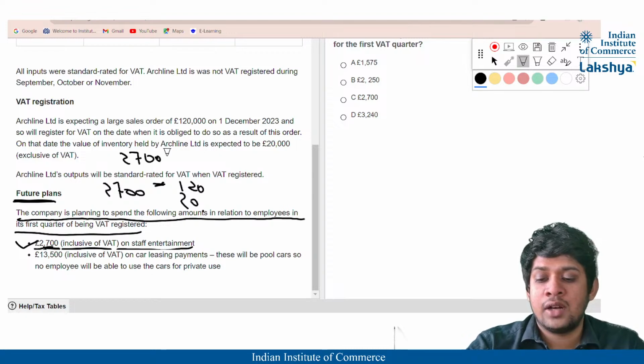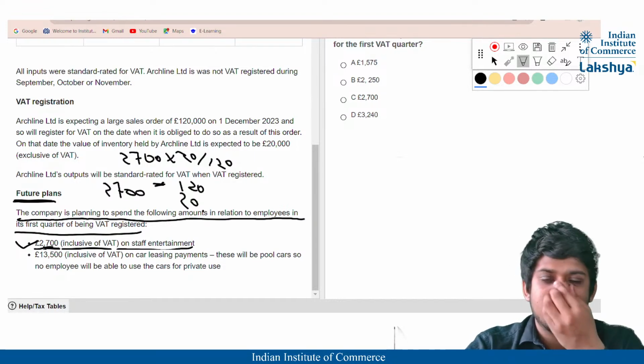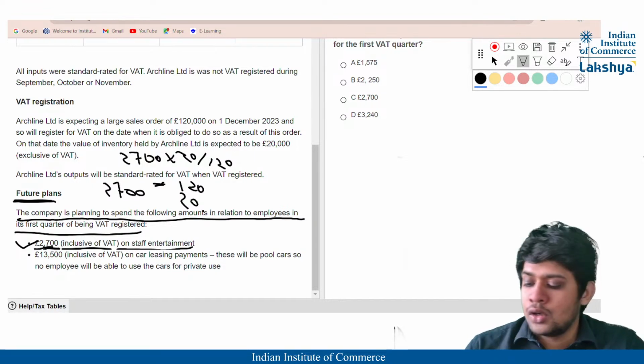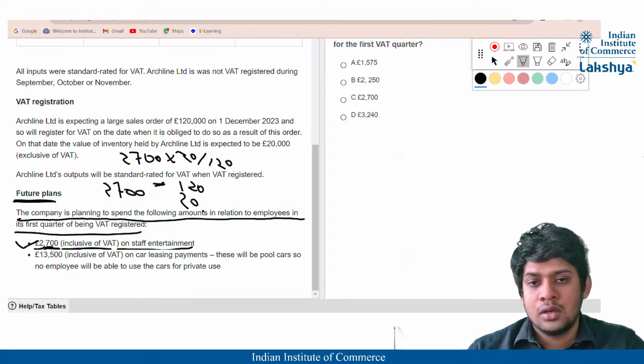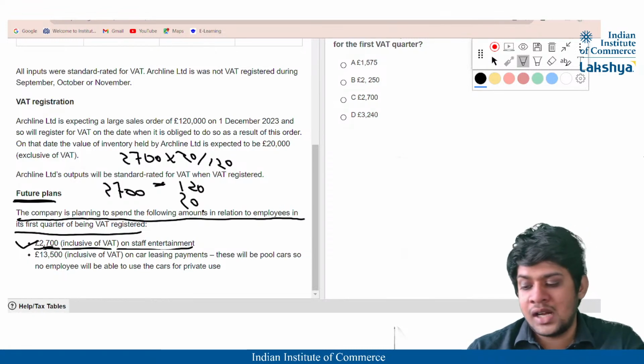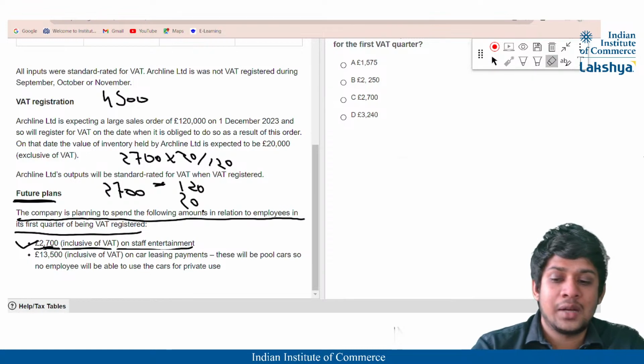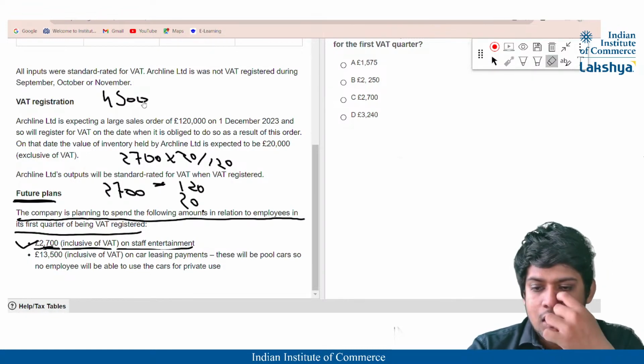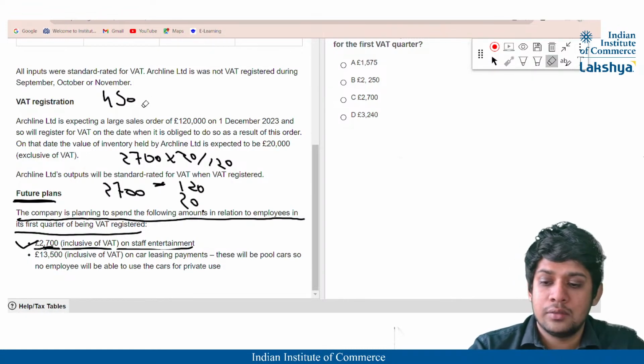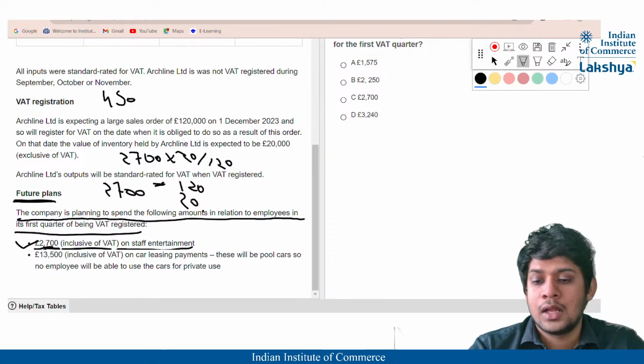It will be 2700 into 20 divided by 120, or you can also do 1 by 6 whenever VAT is inclusive, which will give me 450. So I have paid for the entertaining expenses, which means I can reclaim the input VAT on it of 450.